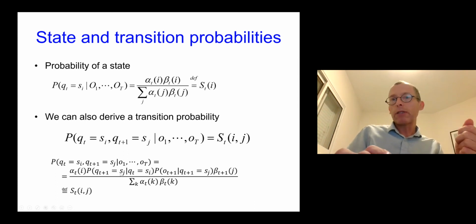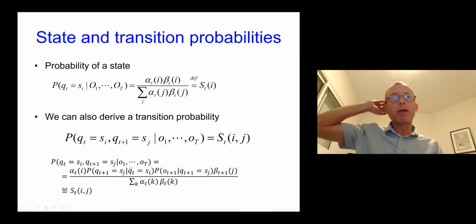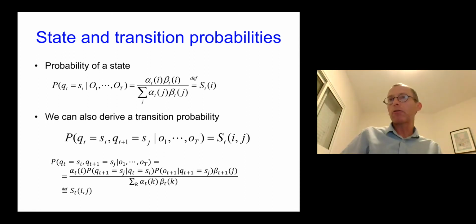So you need to include the transition probability and the emission of the value at time, in this case, time t+1. But other than that, it's basically the same. Okay, so to do this, you just use the chain rule, P of A and B equals P of A given B times P of B.